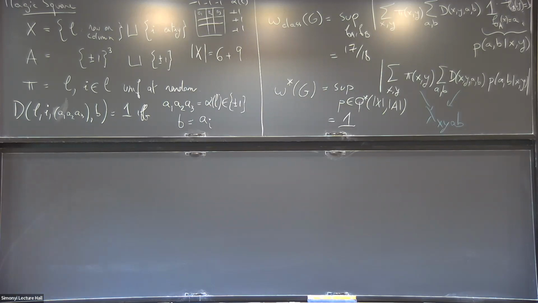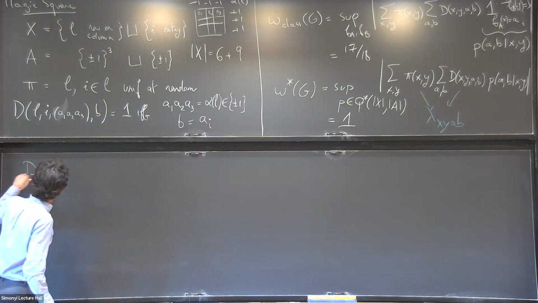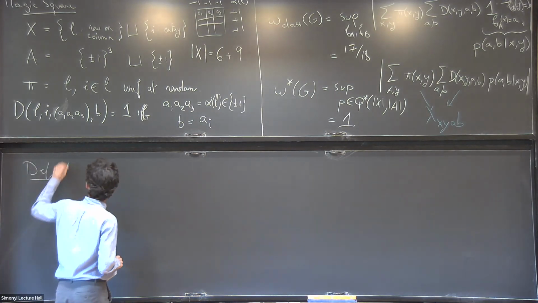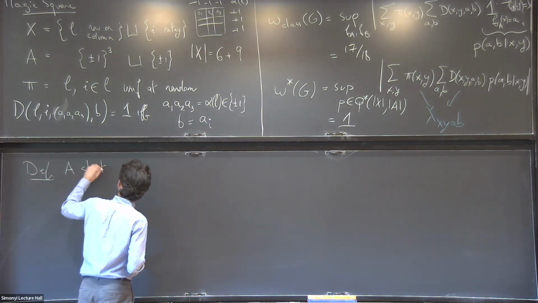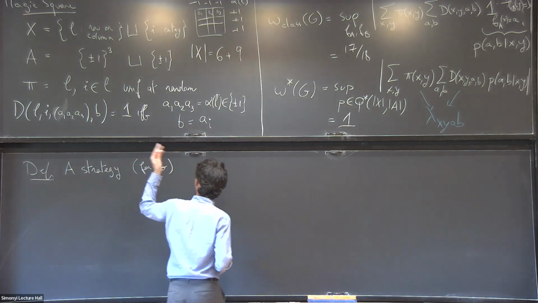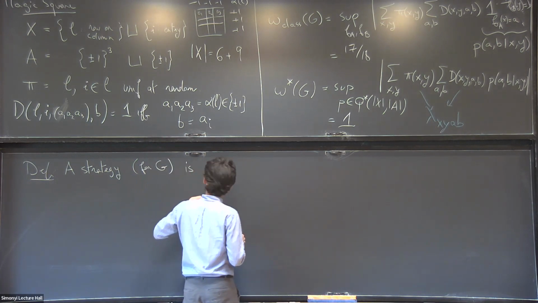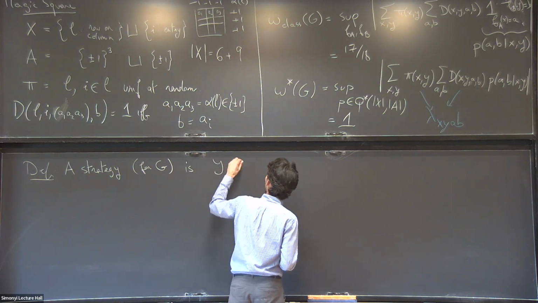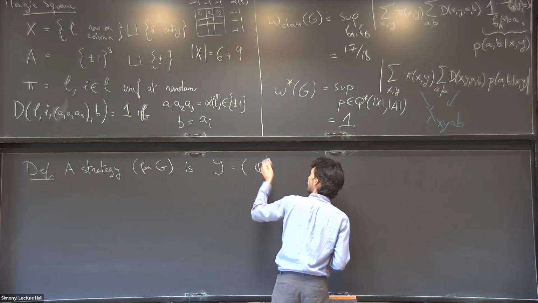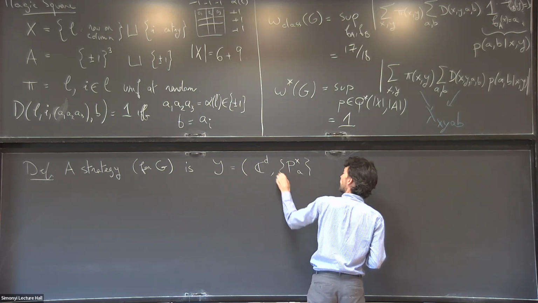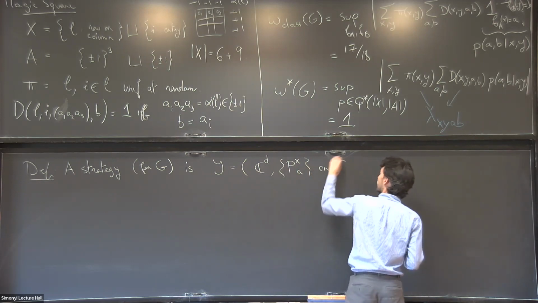A definition that maybe I should have given before is: what is a strategy for a game? So we have games, and then the other thing is strategy. Strategy is what the players do in the game. So a strategy, implicitly for a certain game, so magic square game or another game, is given by, I write it like this, S equals, and then it's going to have a certain dimension d, and then it's going to have projective measurements P_x^a on C^d.